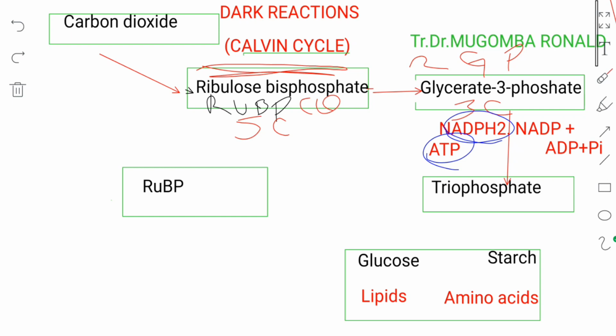Now, what usually happens is the reduced NADP is converted into an oxidized form that donates protons, and these protons are received by glycerate 3-phosphate, which is very important for converting glycerate 3-phosphate to triose phosphate.